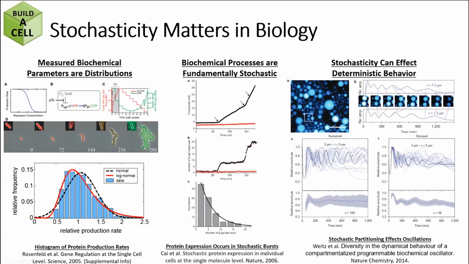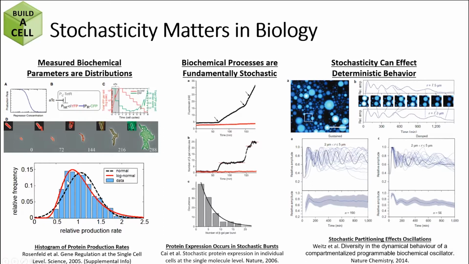Stochasticity really matters in biology. I have three examples here. On the left, we see an example from an Elowitz paper where they measured the gene expression in single cells. And you can see the cells here growing and dividing and changing color as different genes are expressed.